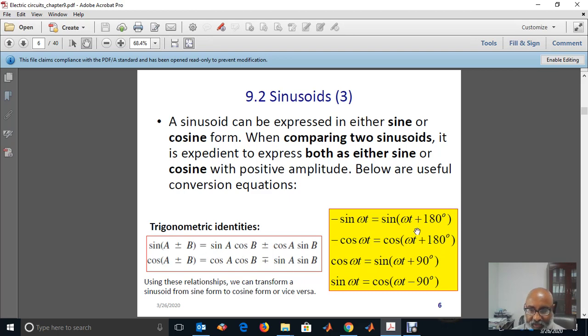Because sine(omega t plus 180) means sine omega t cos 180 plus cos omega t sine 180. Sine 180 is 0, so this part will be 0, and cos 180 is negative 1, so it gives you minus sine omega t. You can check these relations using these trigonometric identities.